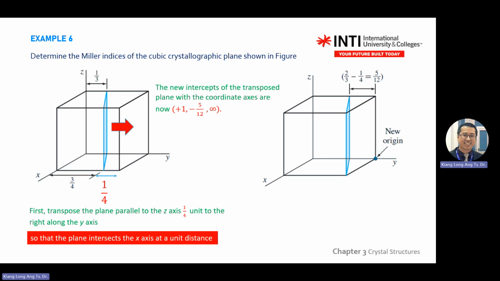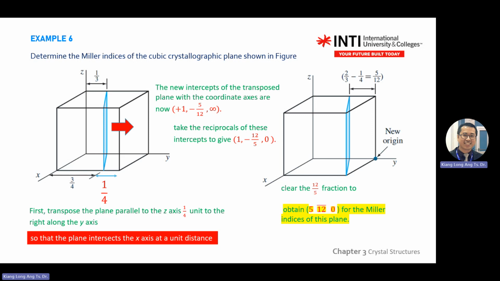So you have 1, minus 5/12, and infinity. You reverse them: 1 becomes 1, 5/12 becomes 12/5, and infinity becomes 0.